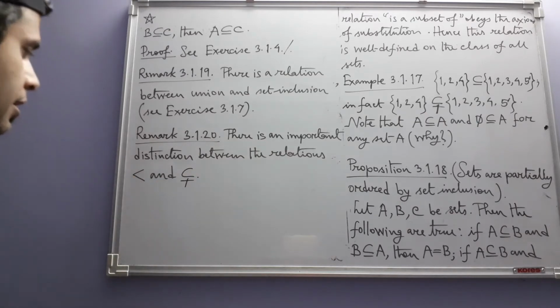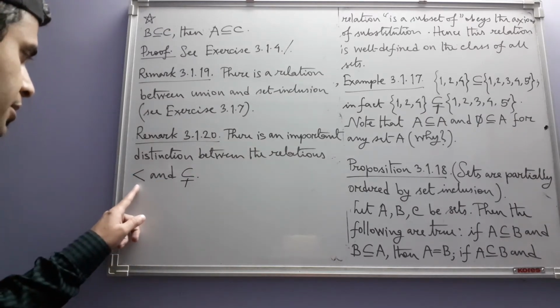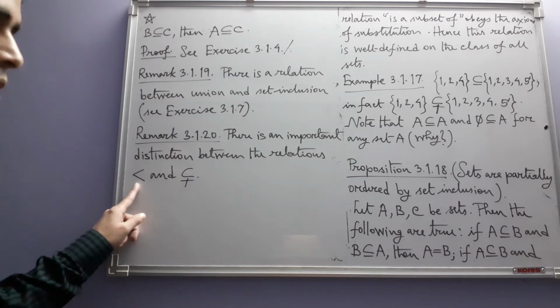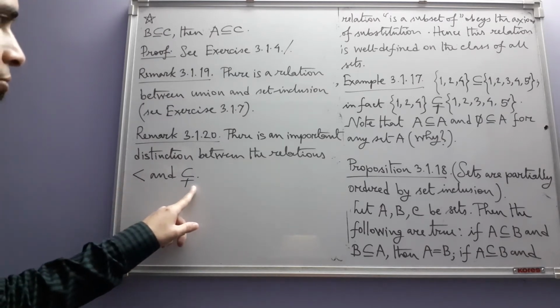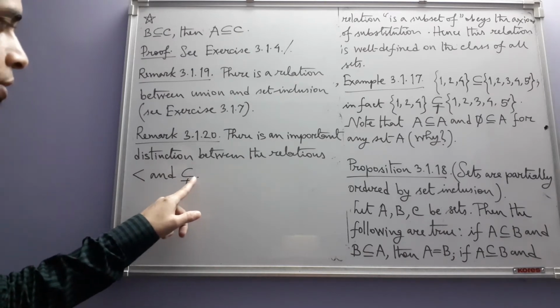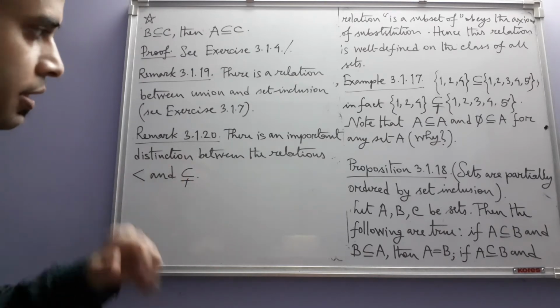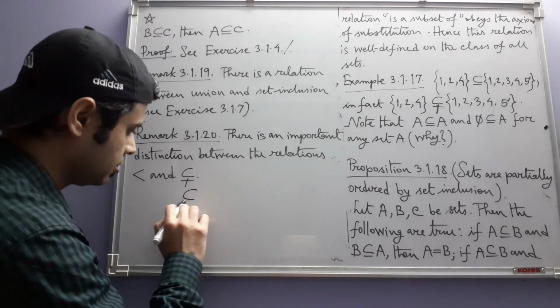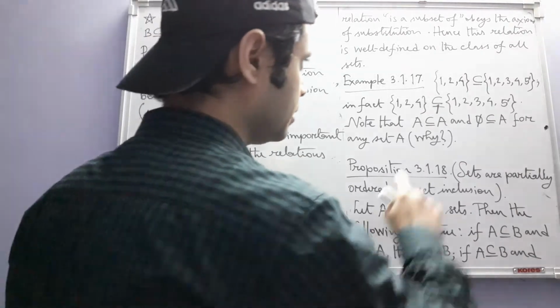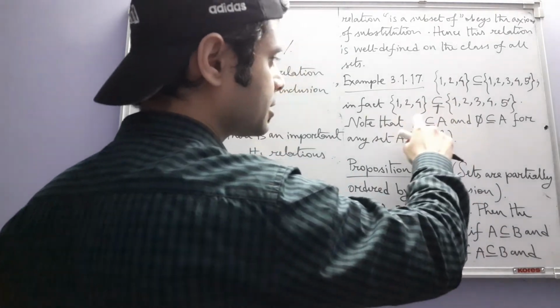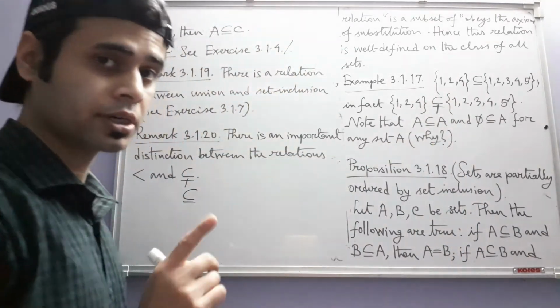Well, these are somewhat special. I mean, this is less than or equal to, instead of that we have strict inequality. Here we can call this strict inclusion. Okay, this is inclusion, this is strict inclusion. In this example, these two sets are related by strict inclusion actually.